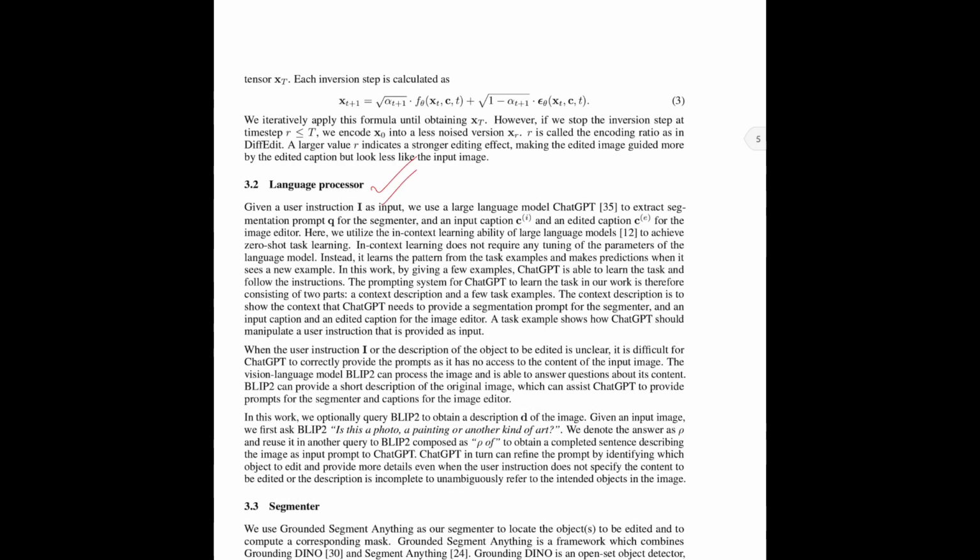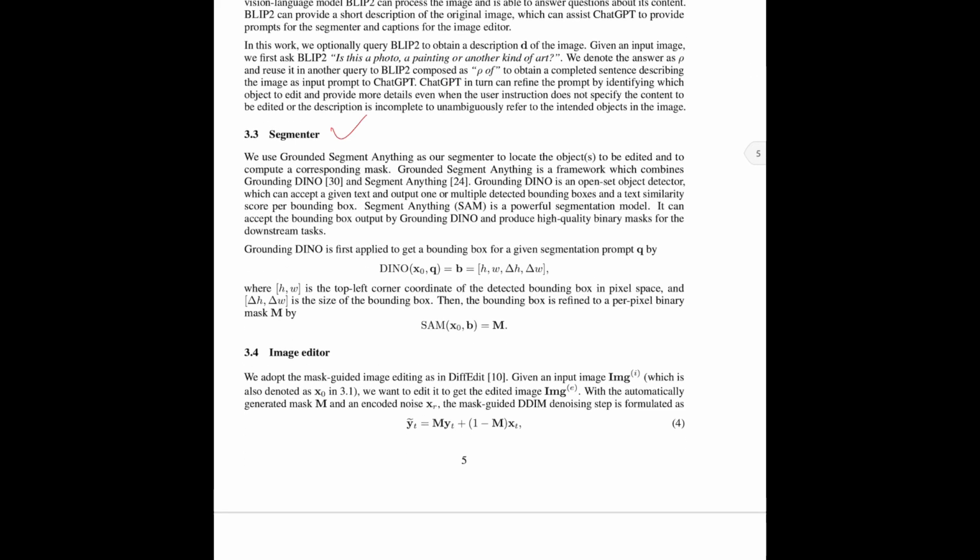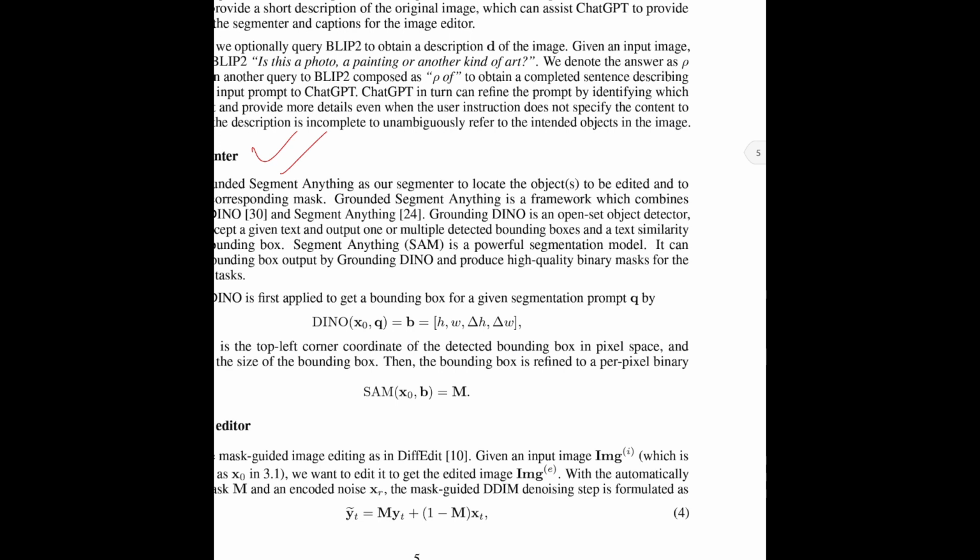Then comes the other part, like the language processor, which I again explained is ChatGPT that they are using. Then there's the segmentation model. So the segmentation model generates a mask for you. Now the kind of segmentation model that they are using is SAM, Segment Anything, which is a model invented by Meta.